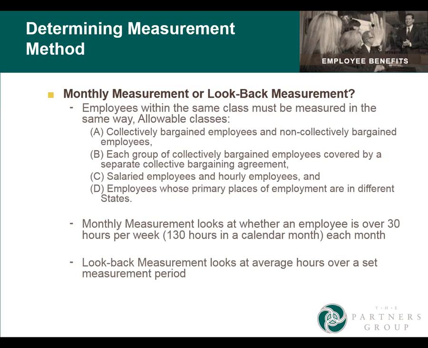It is okay to then apply that look-back measurement period to the people that are hired that are variable in hours when you hire them. So that's something that's important to keep in mind. Just because you're applying that look-back measurement period to an entire class of employees, it does not mean that you can't offer coverage to those regular hourly employees that you know are going to work set hours when you do hire them.